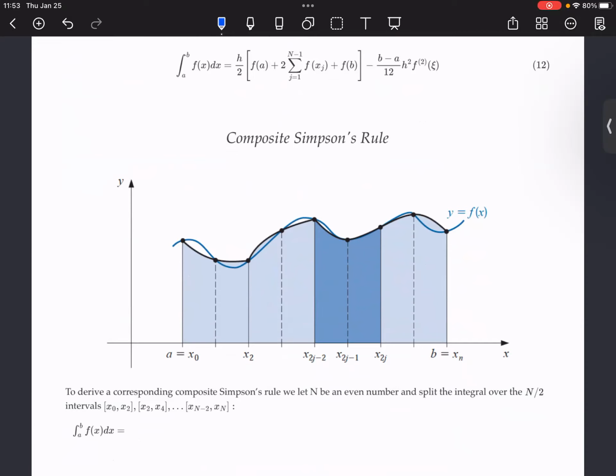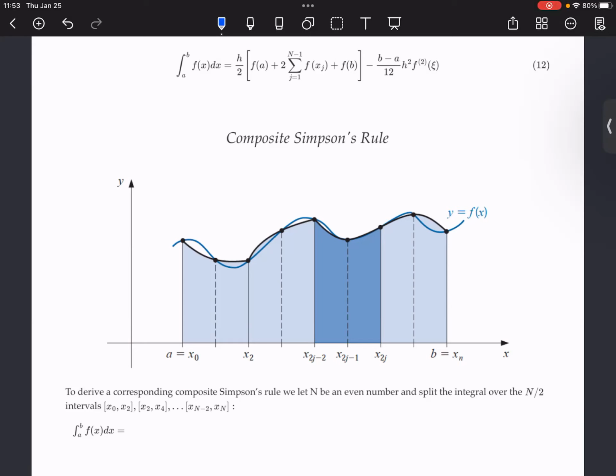We are going to have subintervals, and from the interval x0 to x2, that is one fixed subinterval, we apply Simpson's rule, and then for x2 to x4, another Simpson's rule, and so forth.